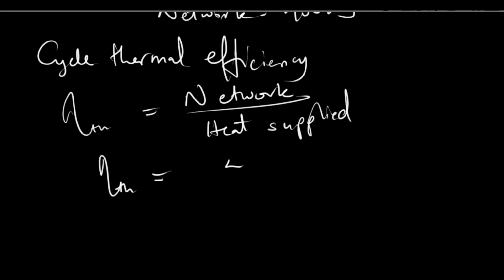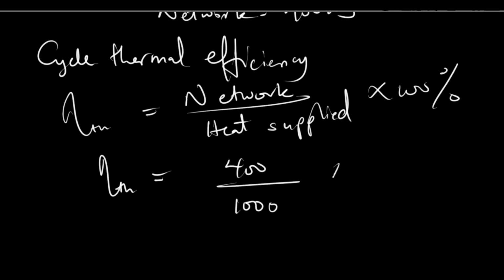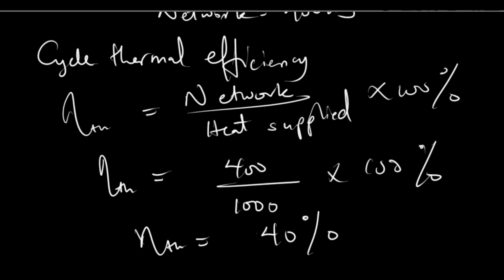So inputting the values, we have 400 over 1000 times 100. So efficiency is what? 40%.